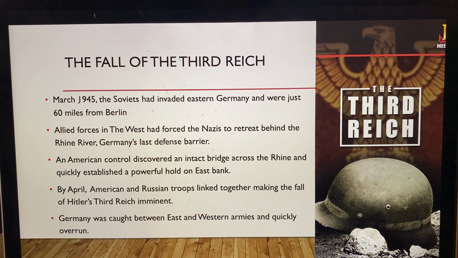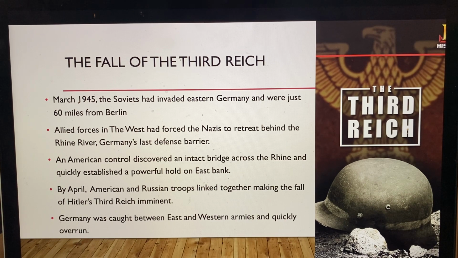So they quickly went across this river that was really guarding the German front, but they had found this place to cross, and they established a powerful hold on the east bank of the Rhine River. By April, American and Russian troops linked together from each side, making the fall of Hitler's Third Reich imminent, knowing that now Germany indeed was going to have to surrender.